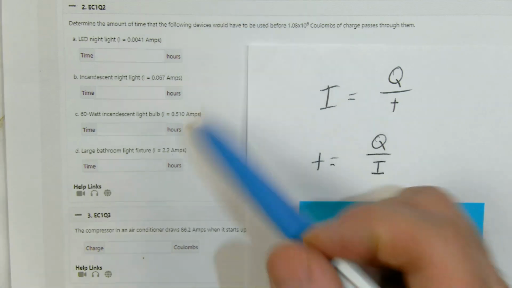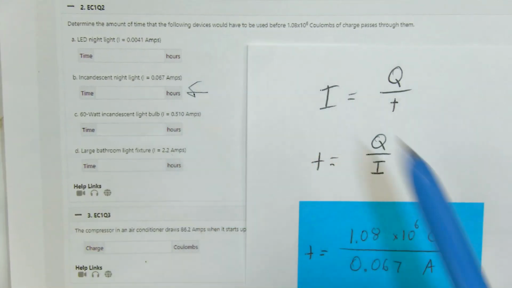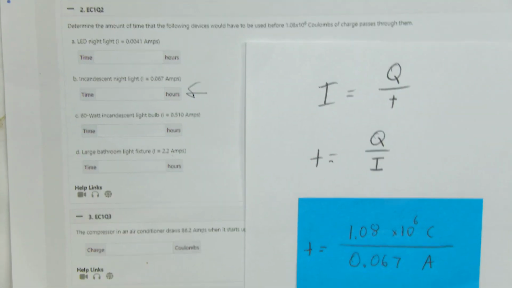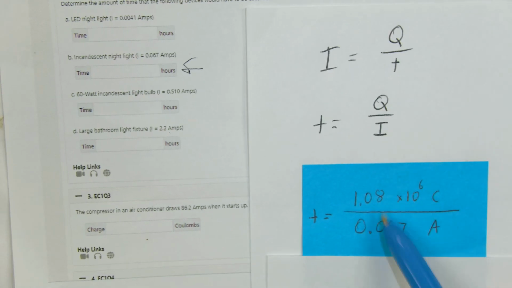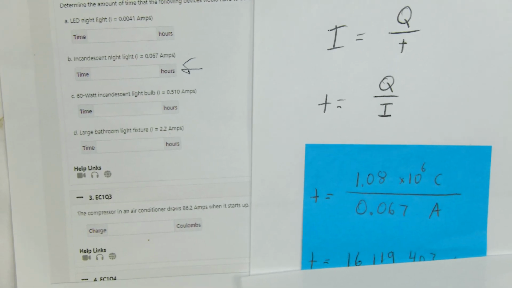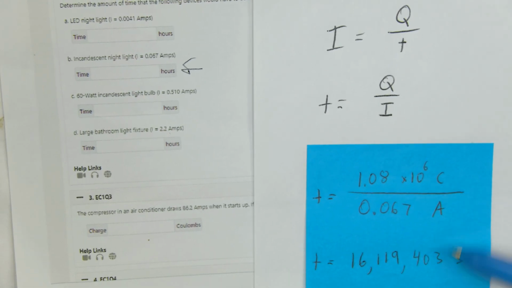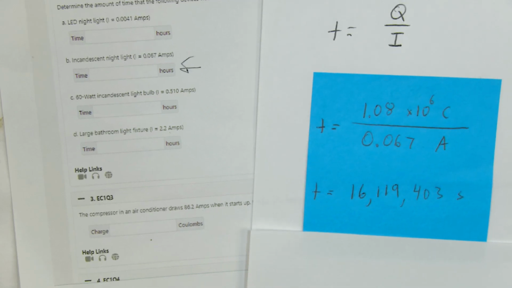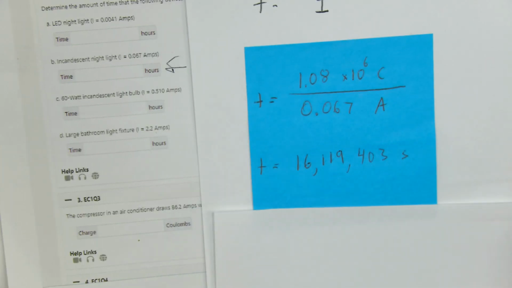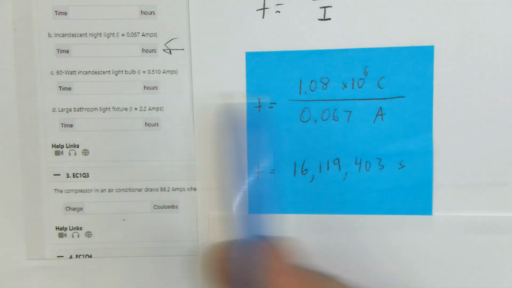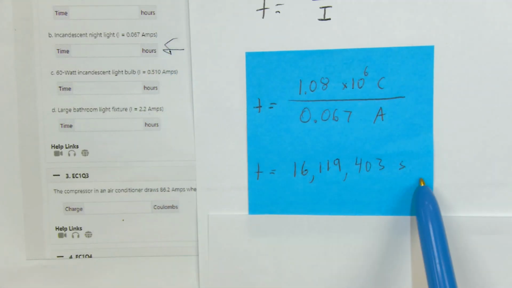And I'm doing this one. Not that it really matters to you. And then we can do the simple calculation, and we put in currents in amps. So of course our unit, the answer is going to end up being in seconds. Now the problem here is this wants hours, and we ended up in seconds.